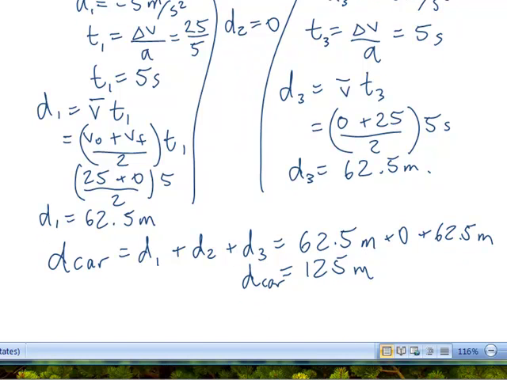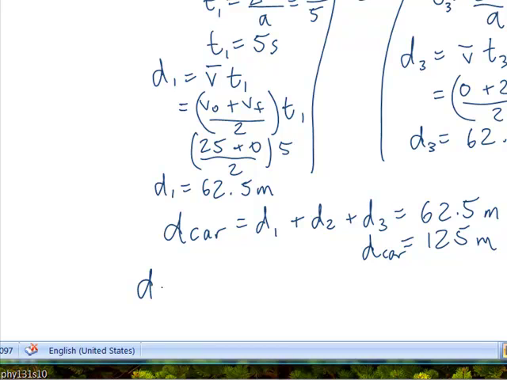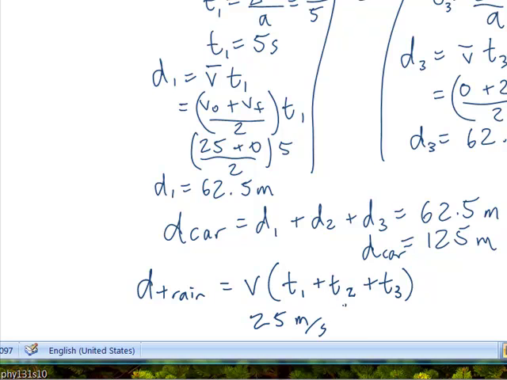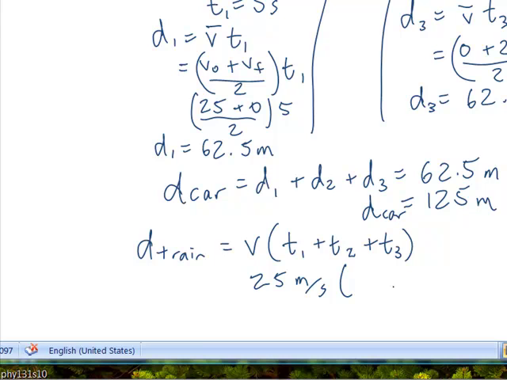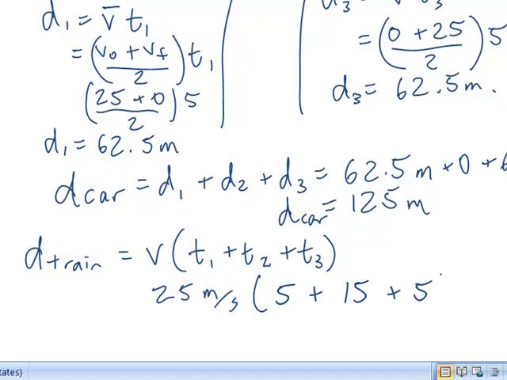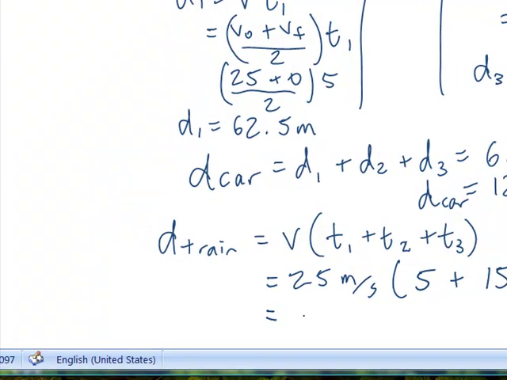The train, during that same time interval, d train will just be equal to the velocity of the train times t1 plus t2 plus t3, the total time elapsed. So this is equal to 25 meters per second times, the times were 5 seconds plus 15 seconds stopped plus 5 seconds speeding up again. It was 25 seconds total times 25 meters per second equals 625 meters. Is the distance the train traveled.